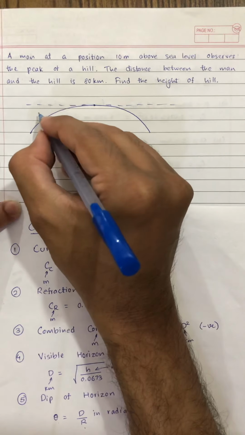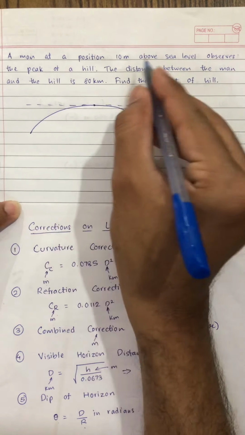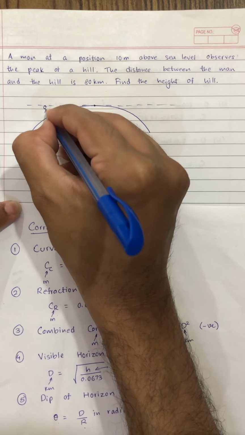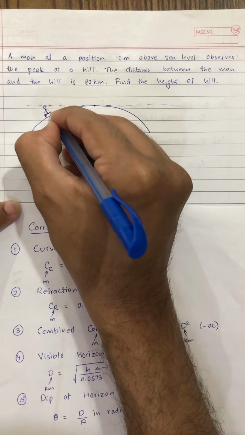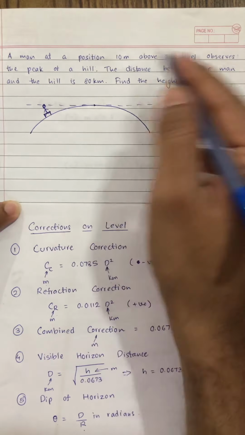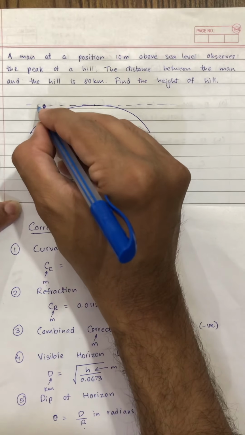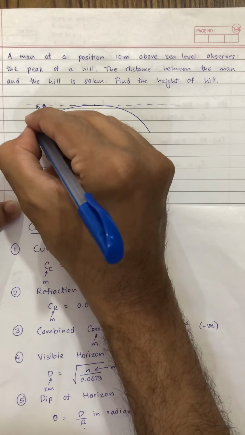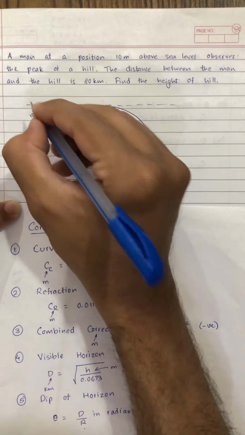Now a man is standing at a position 10 meter above sea level. For example, a man is standing here on something and he is 10 meter above sea level.